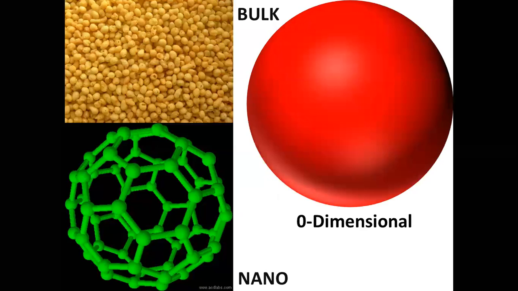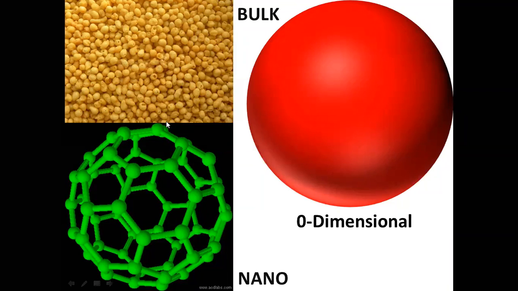The classification of carbon nanomaterials: we classify them into three types, 0-dimensional, 1-dimensional and 2-dimensional. Even 3-dimensional materials are there. For 0-dimensional carbon nanomaterial, fullerene is the best example. To remember easily, compare it with a food item, the bundi.